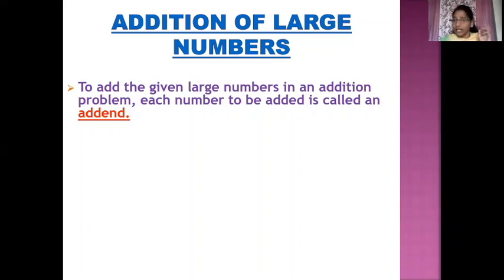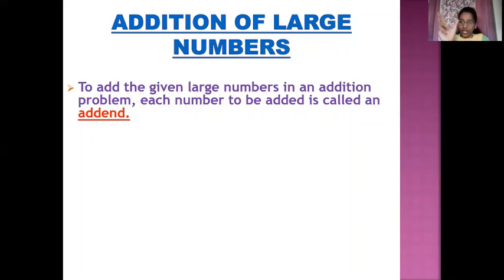In addition, we use the terms like addends and sum. What are addends? To add the given large numbers in an addition problem, each number to be added is called an addend. A-D-D-E-N-D.